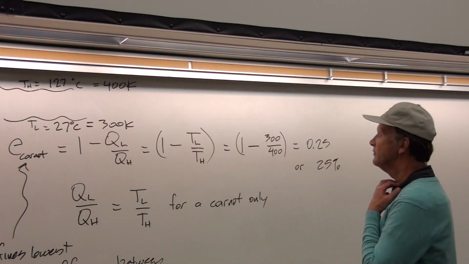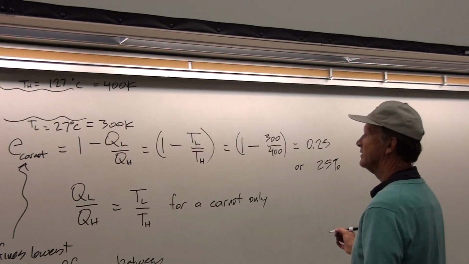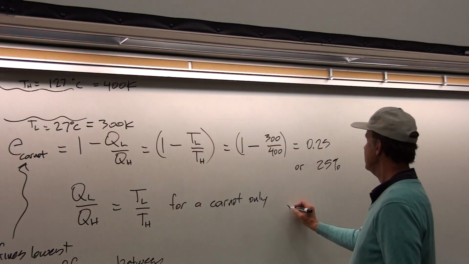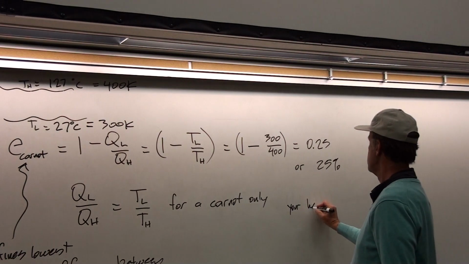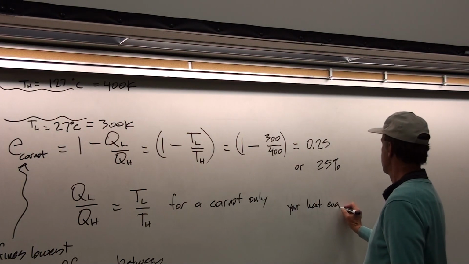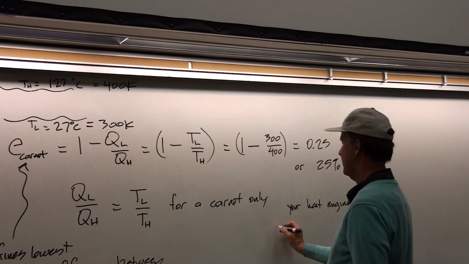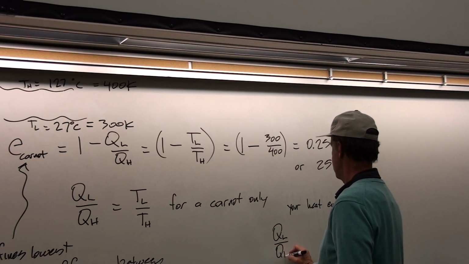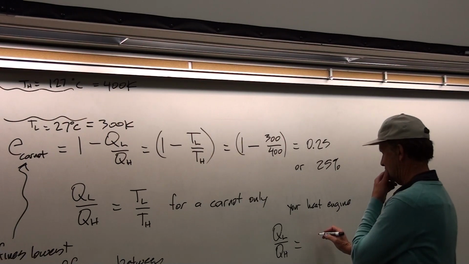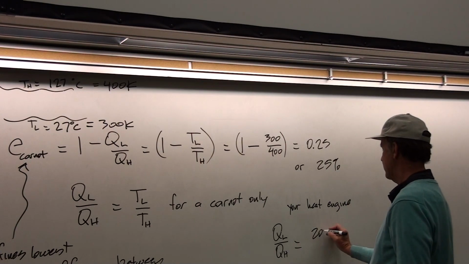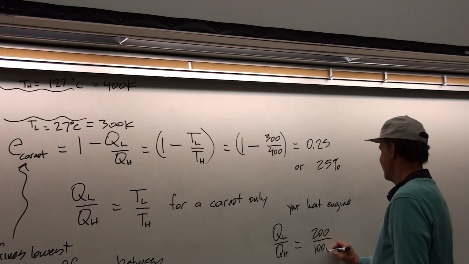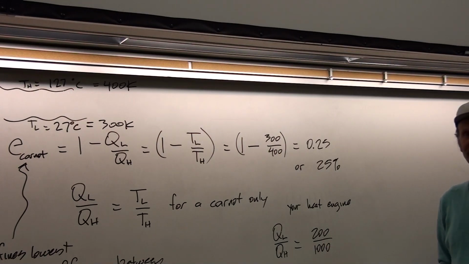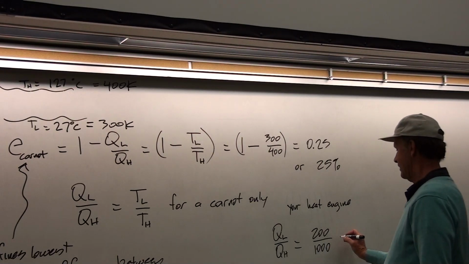So let's say that you find that your heat engine has a QL over QH that's equal to 800 over 1,000, like we had in that last example that I did.